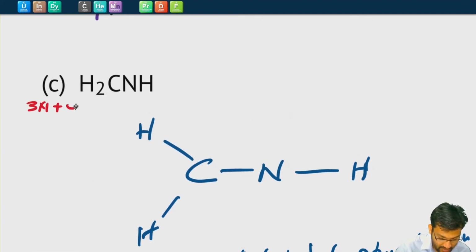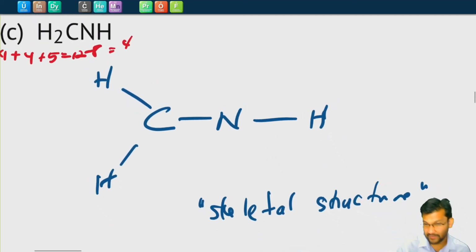We have 4 from the carbon, and we have 5 from the nitrogen. So 3 times 1 is 3, plus 4 is 7, plus 5 is 12. We already have 1, 2, 3, 4 bonds, so we need to subtract 8. 12 minus 8, we have 4 valence electrons left. I usually give them to the most electronegative element, which in this case is nitrogen.